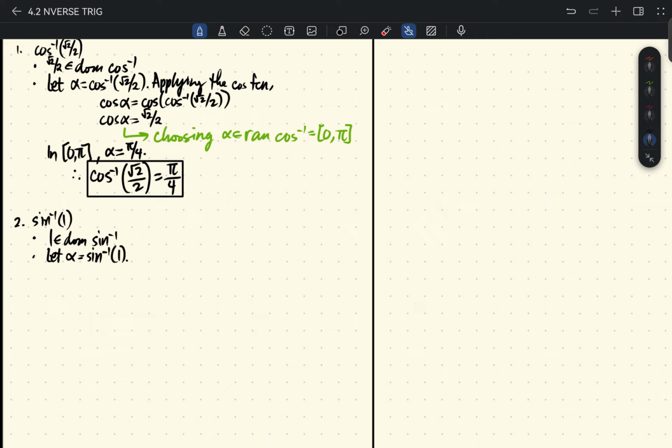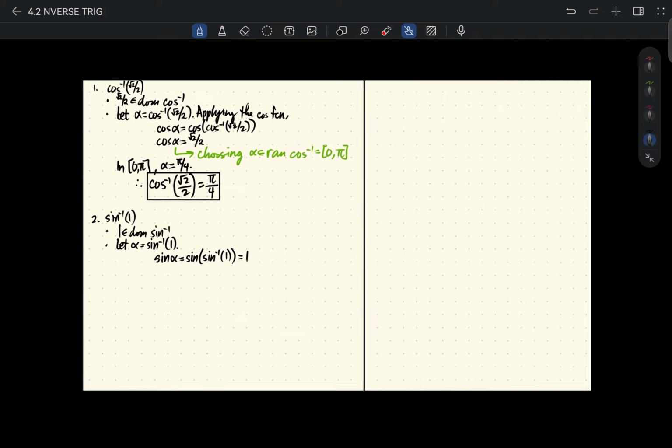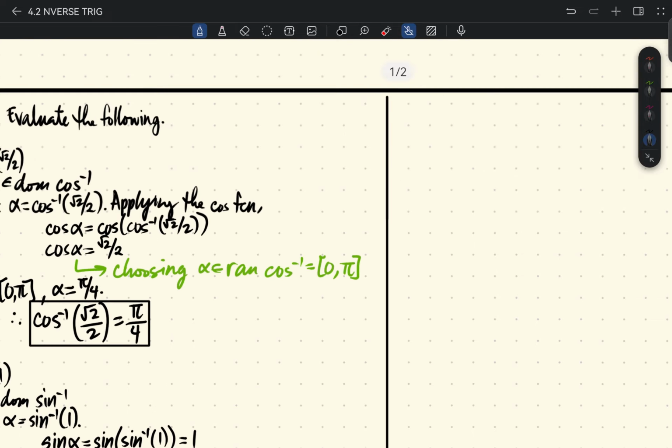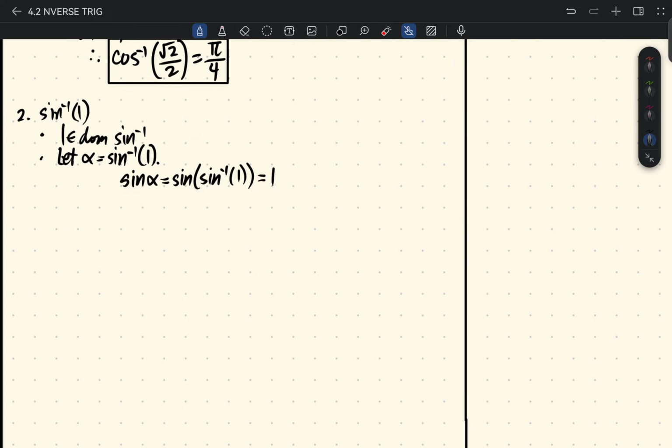And from here, we can apply the sine function to both sides to get sine alpha equals sine of sine inverse of 1. And since 1 is in the domain of sine inverse, this one right here is just equal to 1. So you have the equation sine alpha equals 1.